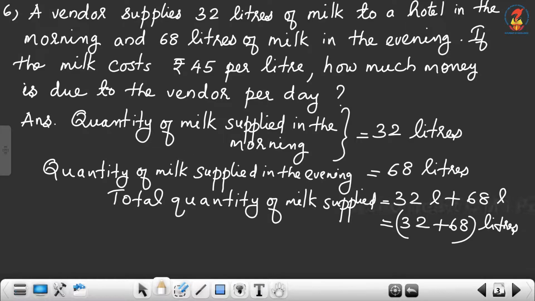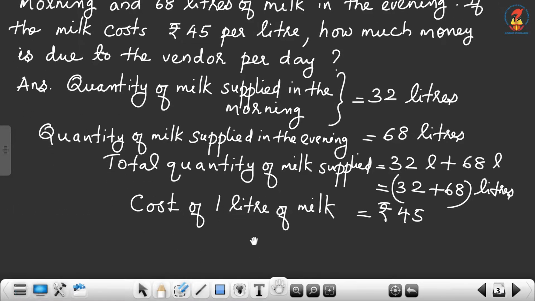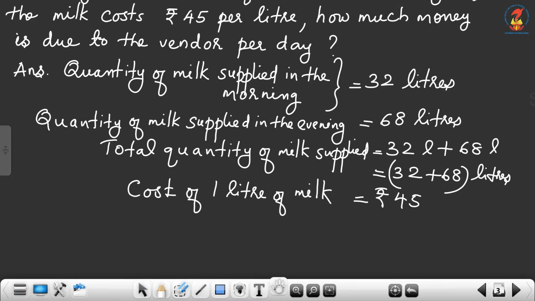Then, what is the cost? Cost of 1 liter of milk, or cost per liter of milk, is rupees 45. Then, can you find out the total cost? How can you find out the total cost?